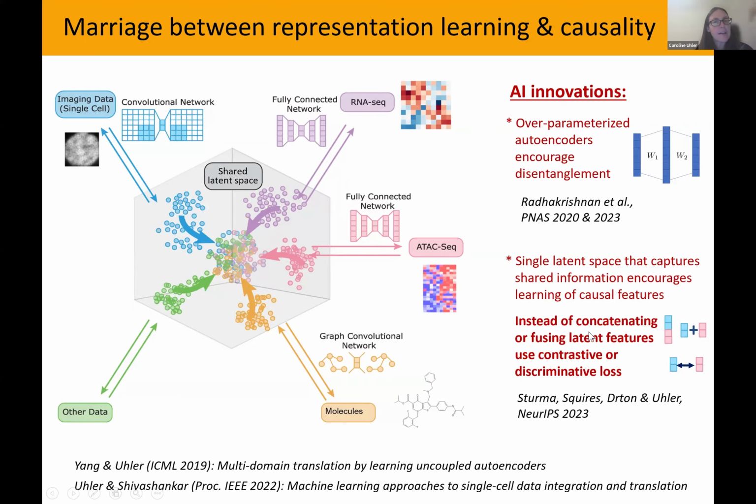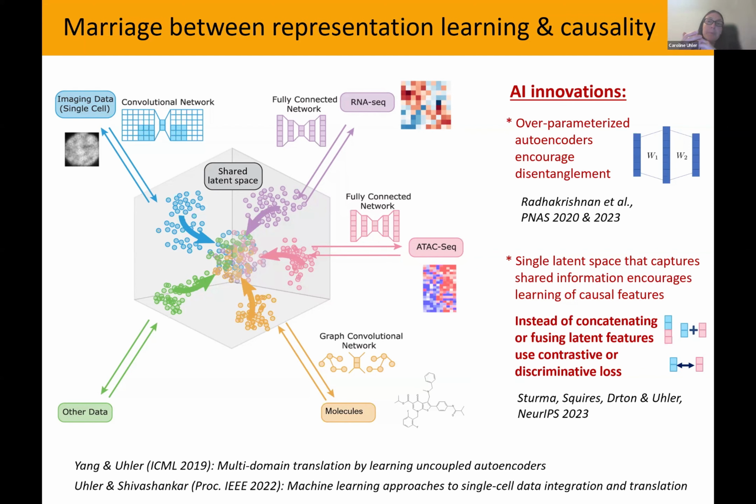And similarly, in fact, exactly the same frameworks can be used if you have unpaired data. So we did this, for example, with single-cell images and single-cell RNA-seq. Now you don't have a pairing, so I don't know which cell belongs to which cell in the different modality. However, you can still do it, and I'll show you an example on the next slide where you take a population of cells. We will be taking T cells, and at random I take out some for imaging, and at random I take out some for sequencing.